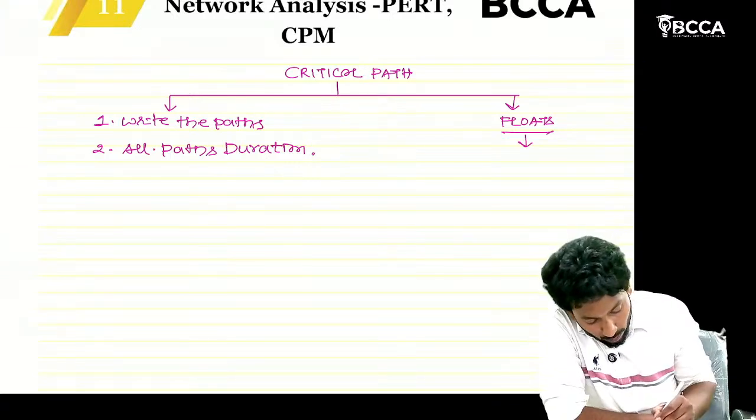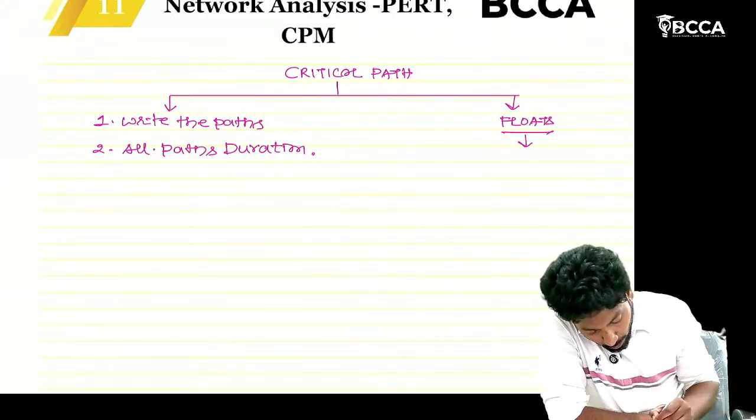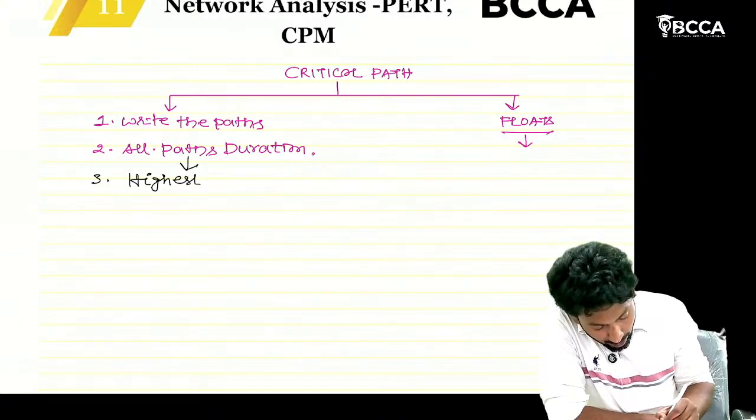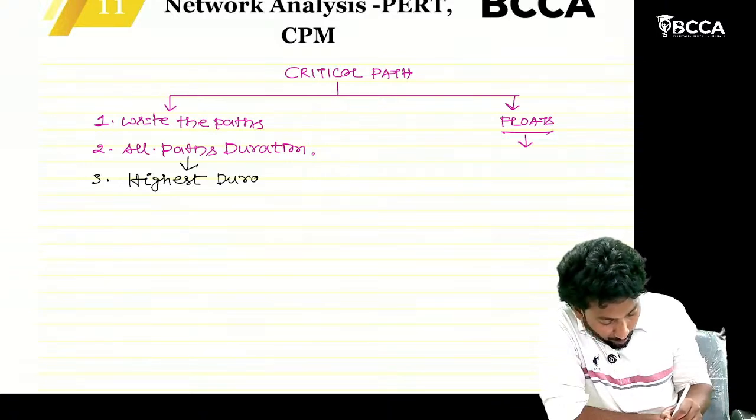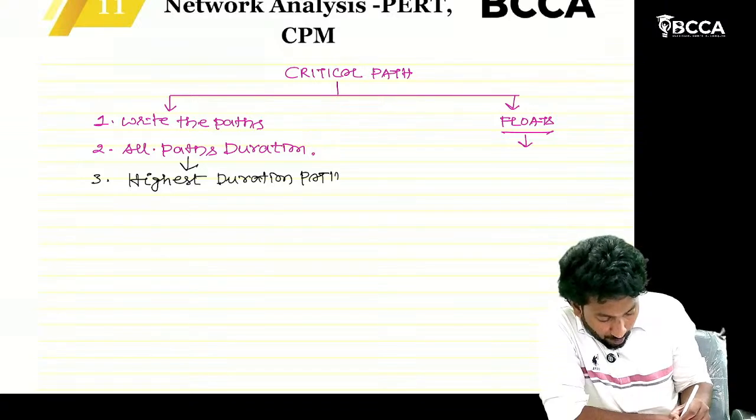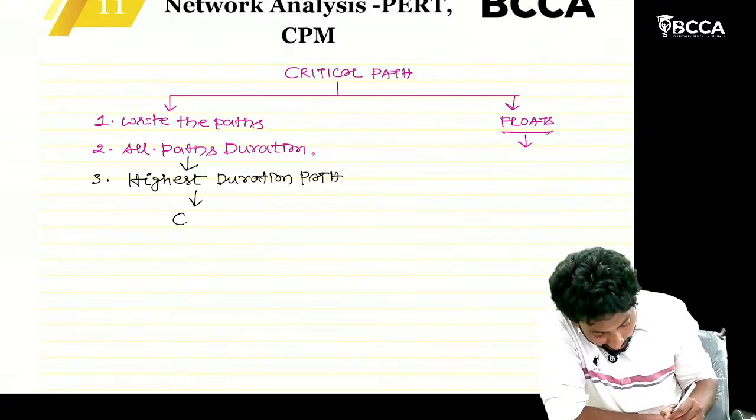After calculating all the paths' duration, the path which is having highest duration is called the critical path.